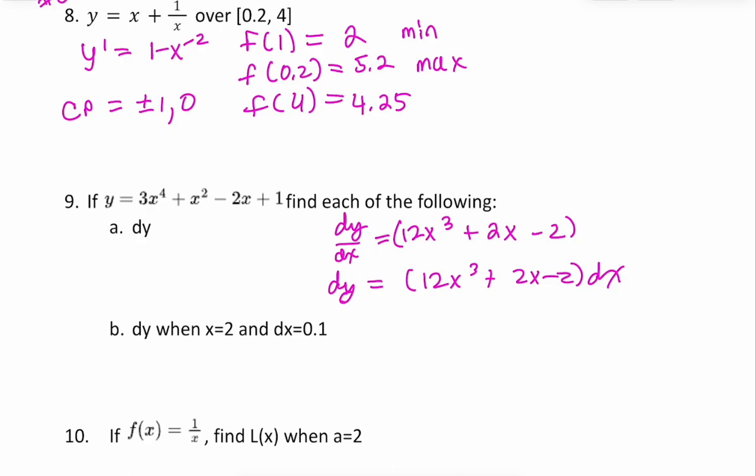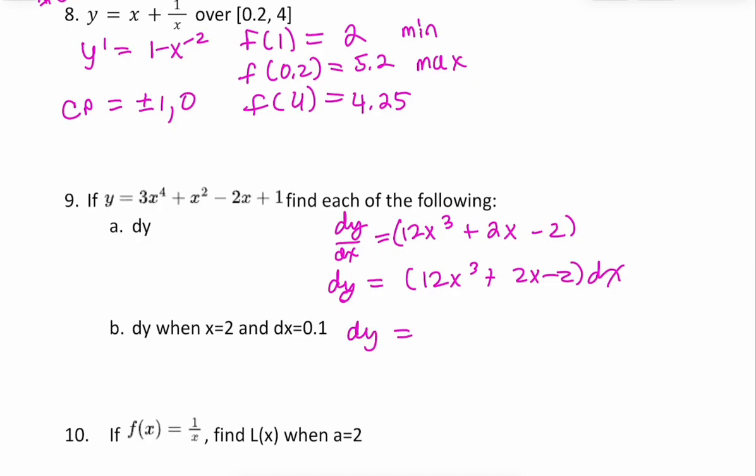What's great about part B is you did the hard work in step A. For B, you just plug in the numbers, okay? So dy would equal, where the x is sitting, if we plug in 2, and I'm plugging 2 into this entire thing, I ended up getting 98. And then dx, they said, was 0.1.